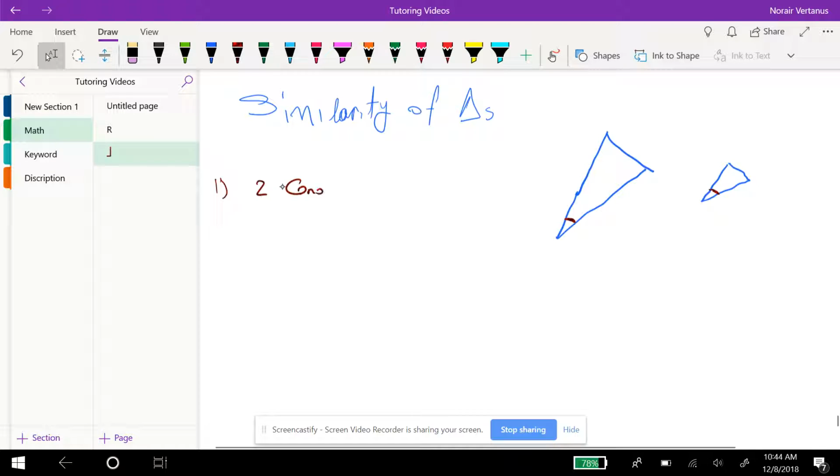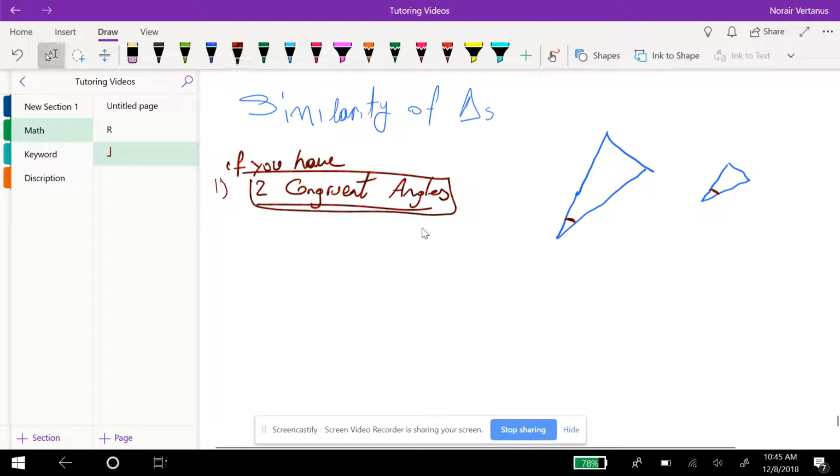Two congruent angles. Then if you have this, then you can say those two triangles are similar. Cool? Like what? Two angles.